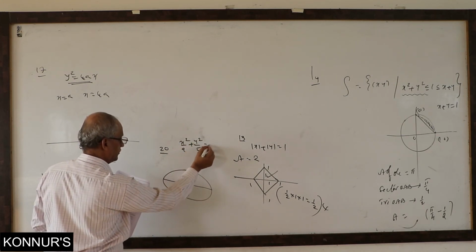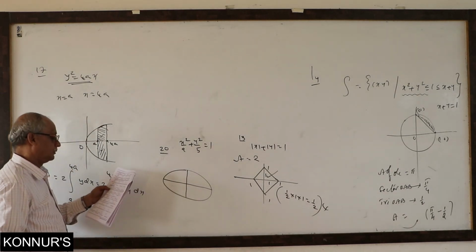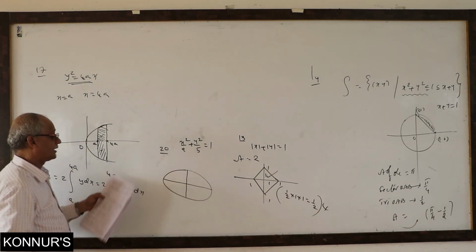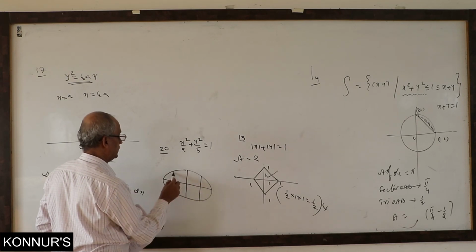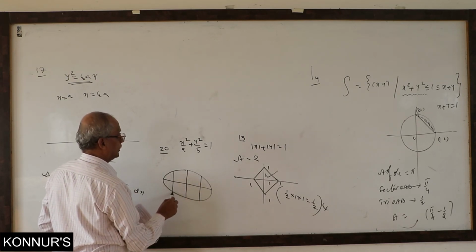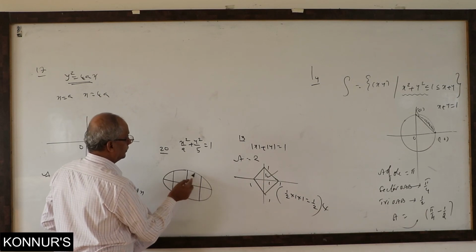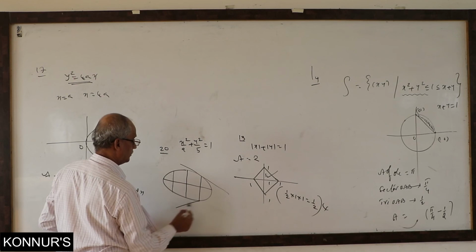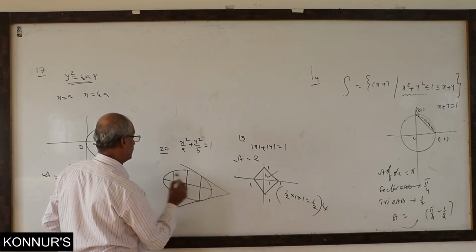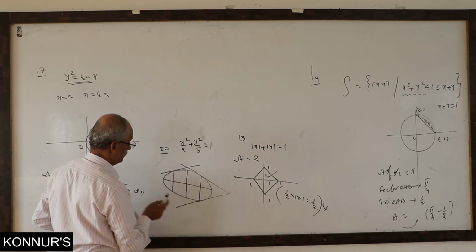Horizontal ellipse. Tangents at the latus rectum. Here this is the latus rectum. This is the latus rectum. Here a tangent is drawn. Here a tangent is drawn. Here also. Here also.